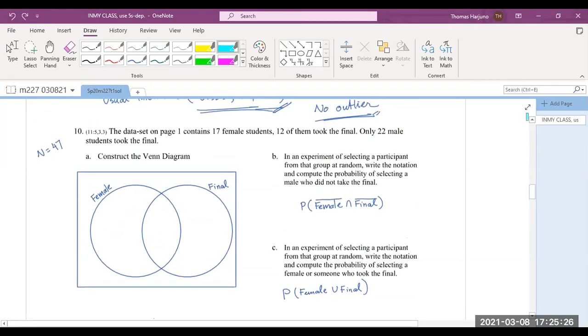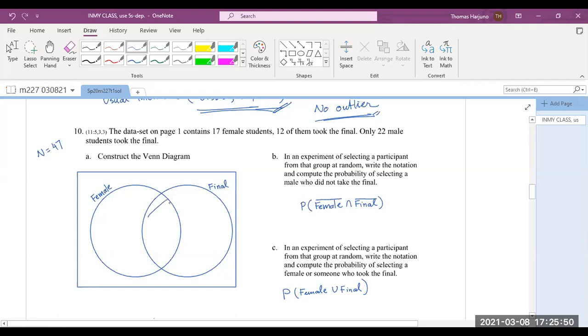Sorry, I didn't hear you clearly. So it would be 5. Okay, we start from where? Middle. The middle one is 22 plus 5. Hold on.